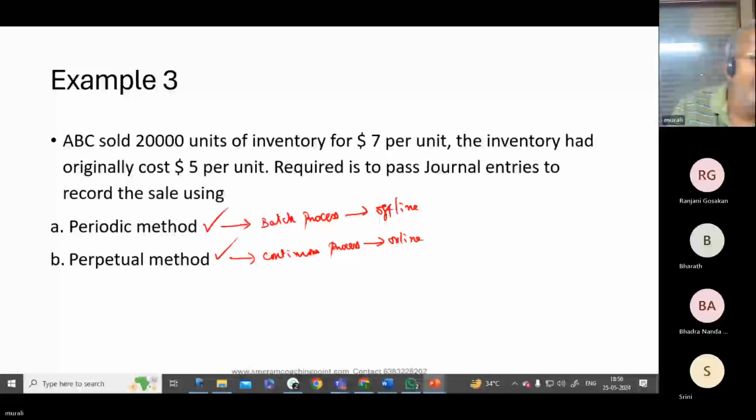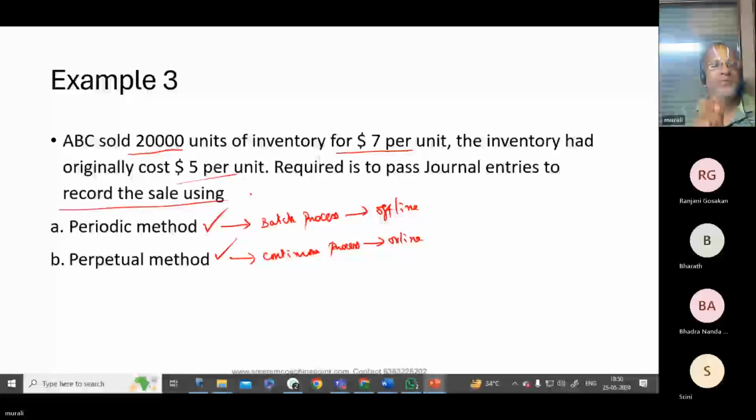So when you have 20,000 units of inventory that originally cost 5, you are required to pass journal entries to record the sale using the periodic method and the perpetual method. Can you just tell me what journal entry you would be passing, if you have the periodic method, if you have the perpetual method? Based on the method of keeping your inventory, your journal entry also will change. So don't get the impression that it is going to be the same for both. Understood?